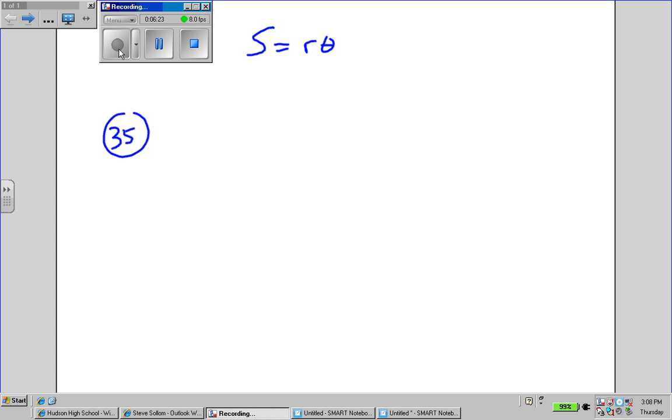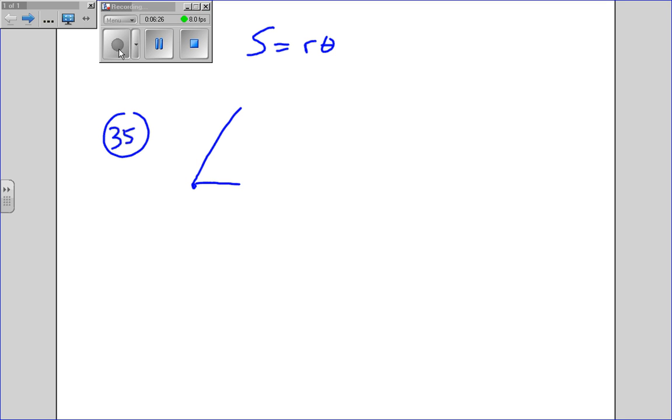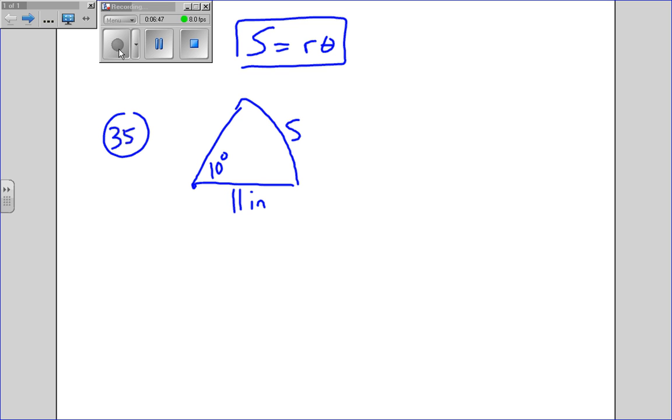For 35, we have a picture like this. We're supposed to find the length S. And it's telling me that each distance here is 11 inches. So if S equals R theta, the equation we're working with, the R is 11, the theta has to be in radians, not degrees. So I've got to figure out 10 degrees times pi over 180 gives me pi over 18 radians.